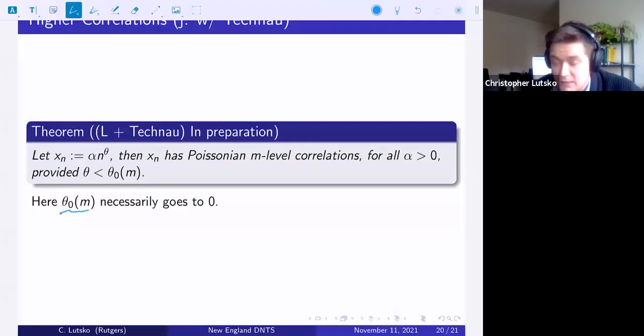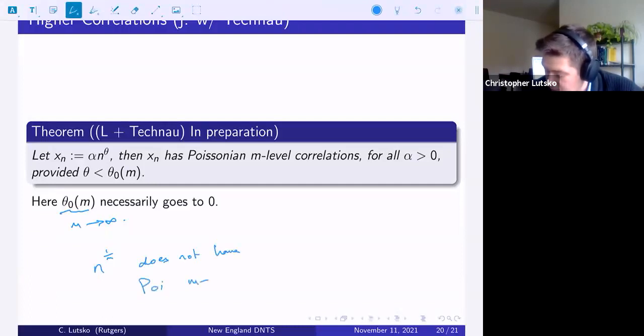And we know that theta naught, this upper bound, goes to 0 as m goes to infinity. And the reason, again, is because n to the 1 over m does not have Poissonian m-level correlations.